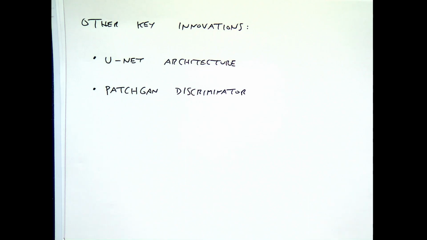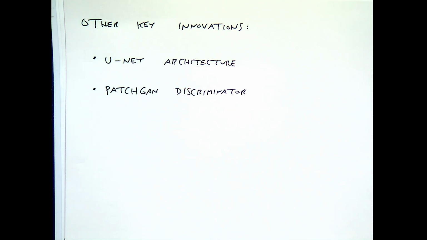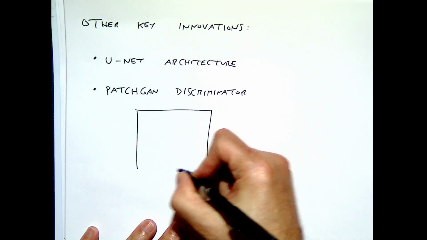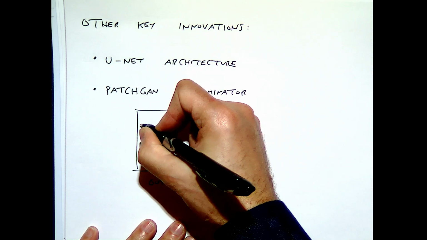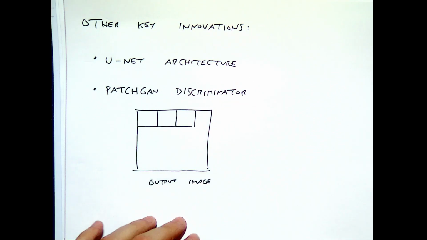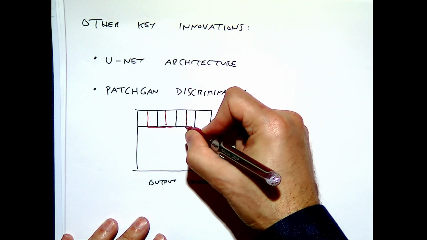That was a good innovation, in the sense that typically when we talk about the GAN discriminator, it's operating on the entire image to produce a 0-1 decision, right? Instead, what was going on here was that we took the output image and split it up into a bunch of overlapping patches, right?